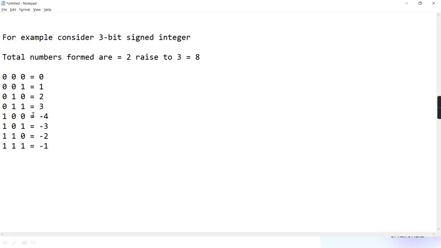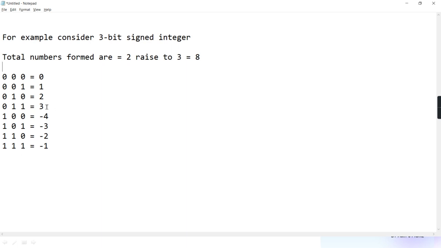So from this, what did you observe? That if your data type is a 3-bit signed integer, then how many numbers will it have in its capacity? According to 3-bit capacity, it will have a total of 8 numbers, and of the 8, 4 are positive and 4 are negative.